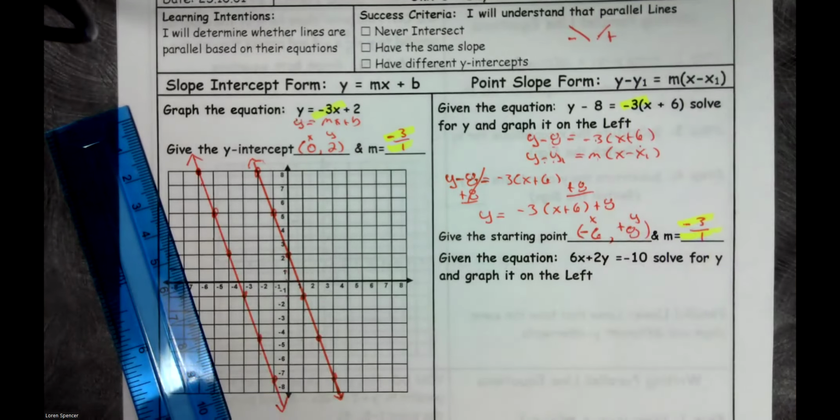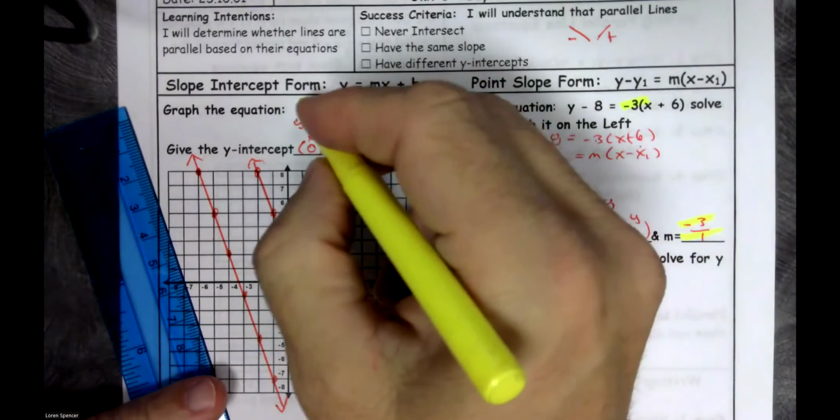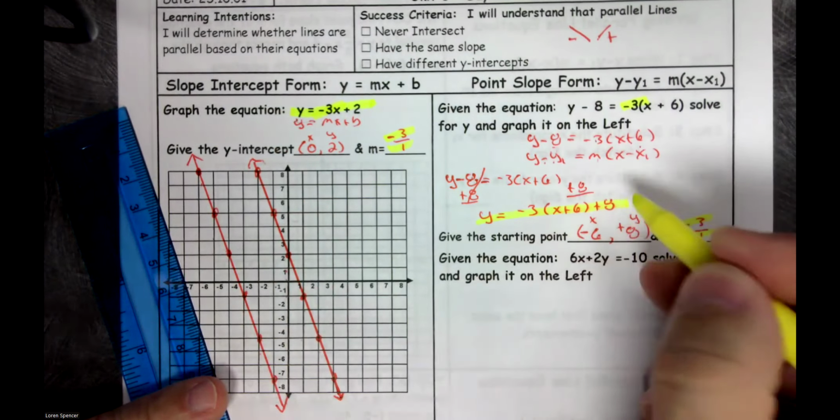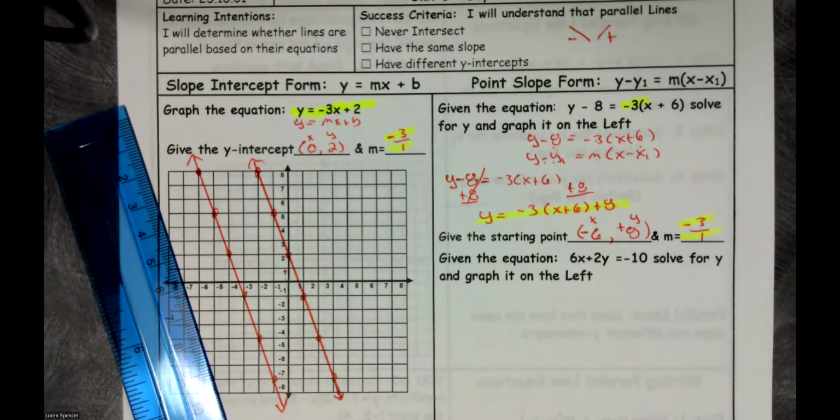So since this one's already in y equals, and now we have this in y equals, I'm going to put those into Desmos just so you can see how it would look. So we're going to go ahead and share.